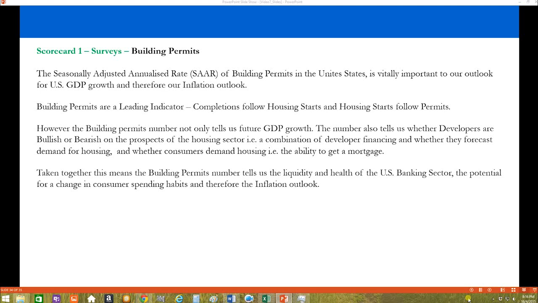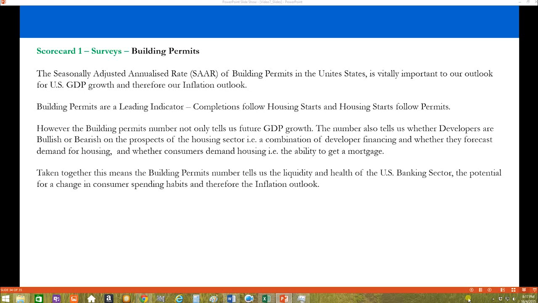So the building permits number as a leading indicator, you have to remind yourself and understand how this works. Completions follow housing starts, and housing starts follow permits. So housing starts are the coincident indicator, and completions are the lagging indicator. However, the building permits number doesn't just tell us the future of GDP growth.